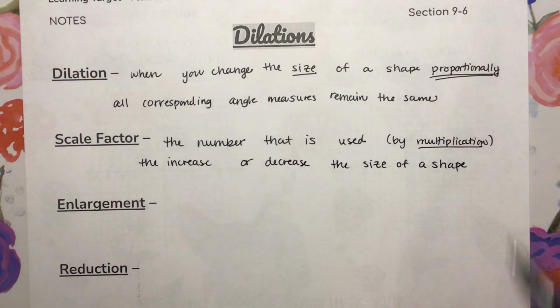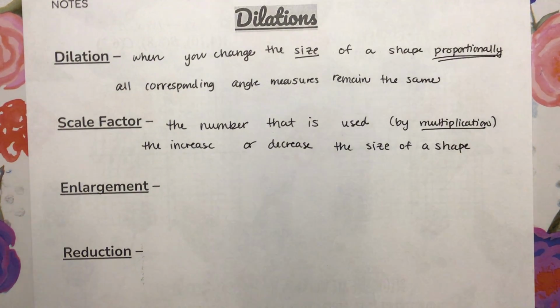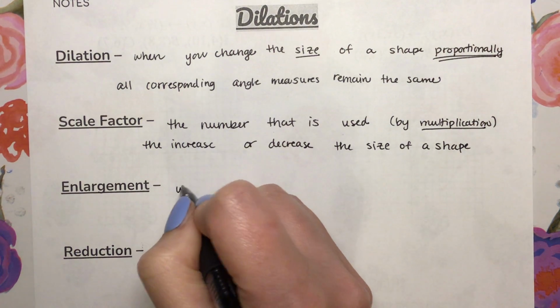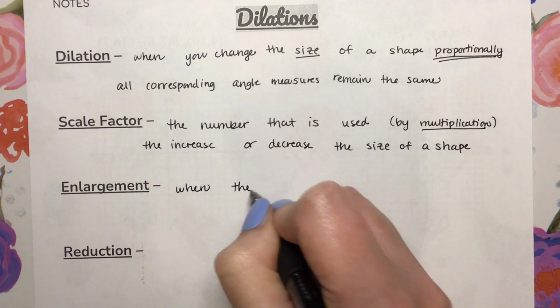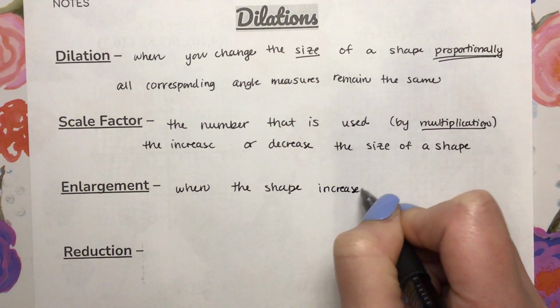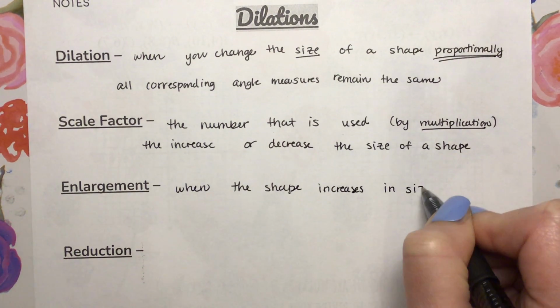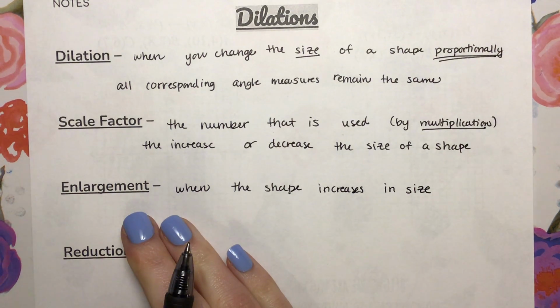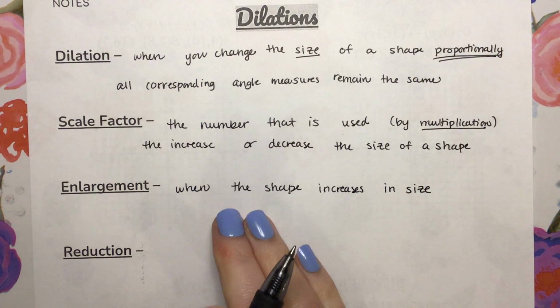So we can make a shape get large or we can make a shape get smaller based off of what our scale factor is. Now, if we're going to make that shape get larger, it's going to be called an enlargement. So when the shape gets larger, or when the shape increases in size, you know it's going to do this when the scale factor is bigger than 1.